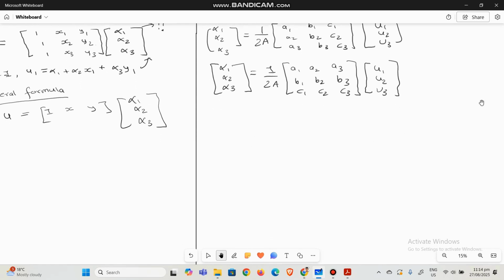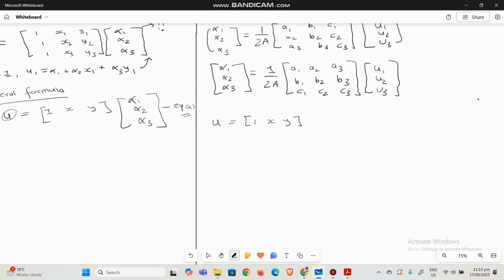It's the same process. We are going to substitute alpha 1, alpha 2, alpha 3 in this equation, let's say equation number A. So we are going to substitute in this place. What we get is u equals, so this is 1, this is x, and this is y.